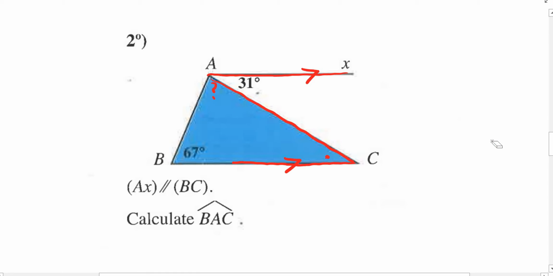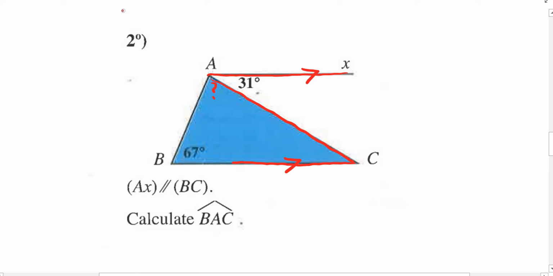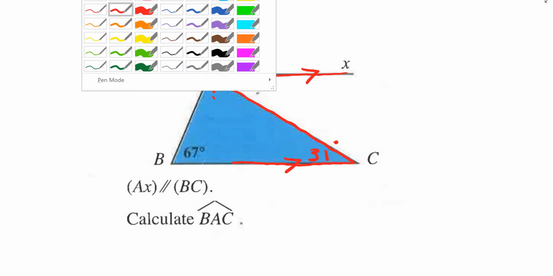That's why the first point I can get, or the first angle, is to find angle C. So angle C is alternate interior angle with angle A, then C is 31 degrees. Now I need to find angle A, and I know that the sum of angles in a triangle is 180 degrees, so it's so easy to get angle A now.